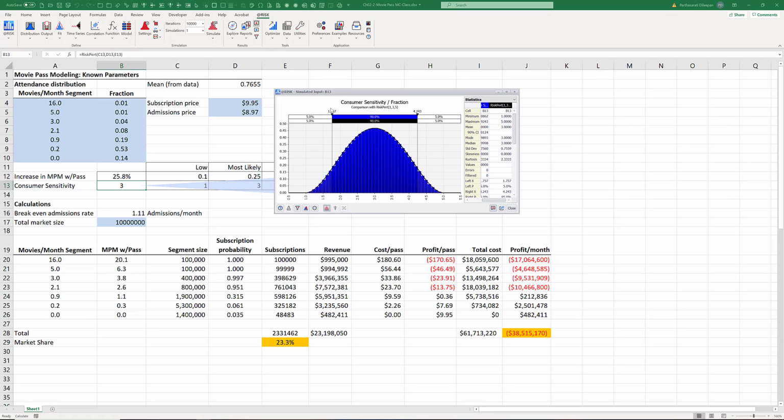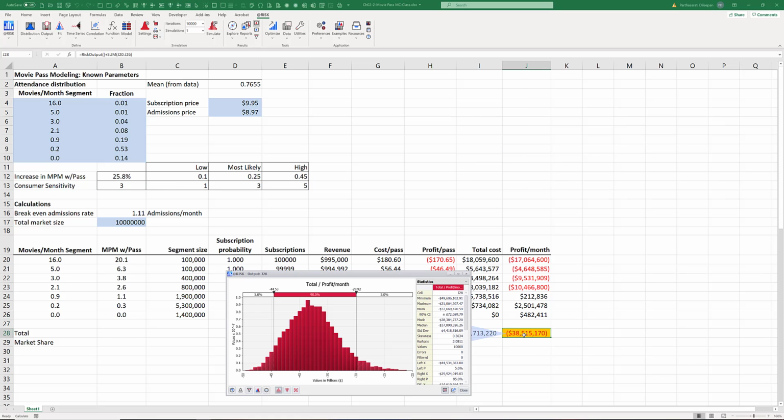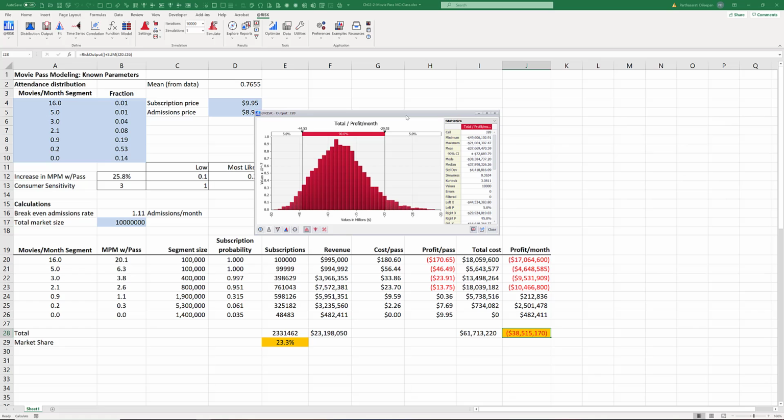So you see that 90% of the time the simulated consumer sensitivity was between 1.757 to 4.2443. Then here is the output, profit. You click on that, then you again get a profit range.